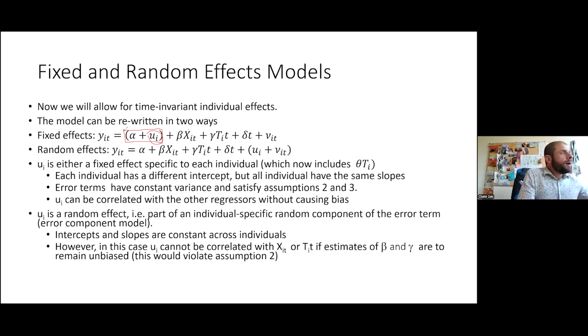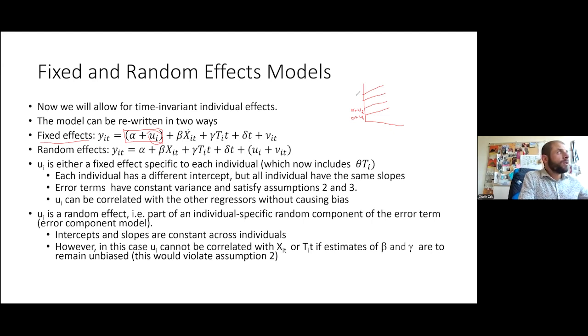So this will make the intercept varying. And then in addition to the error term and the explanatory variable. So that's for the fixed effects. And that's why in this case, we are going to have what we have seen in the previous slide, where each individual will have his or her own intercept, because what will make those different intercepts is that we have alpha plus U1, alpha plus U2, and so on and so forth.